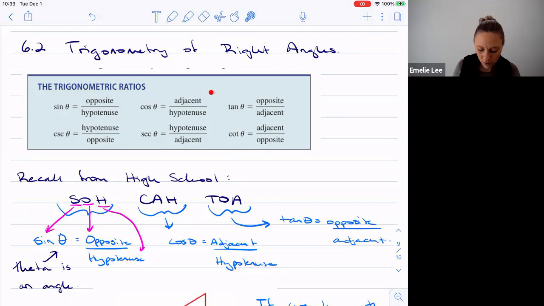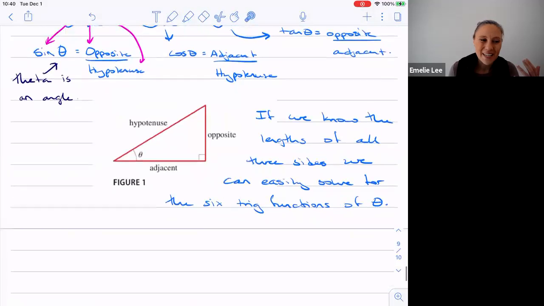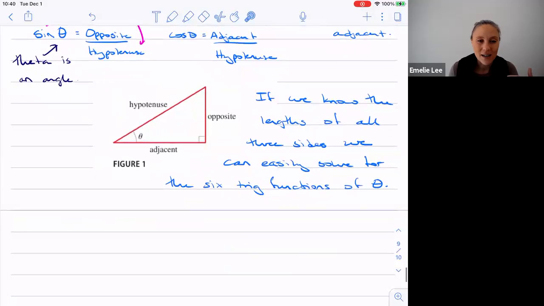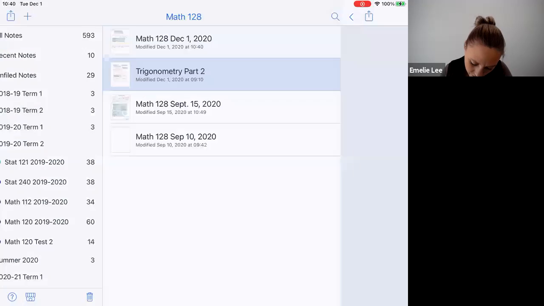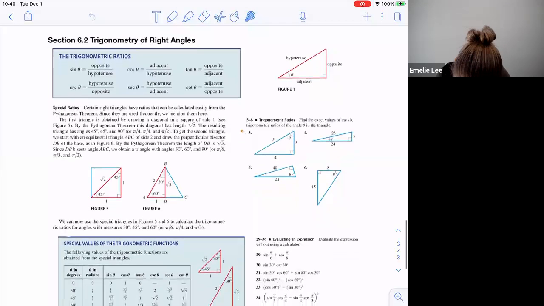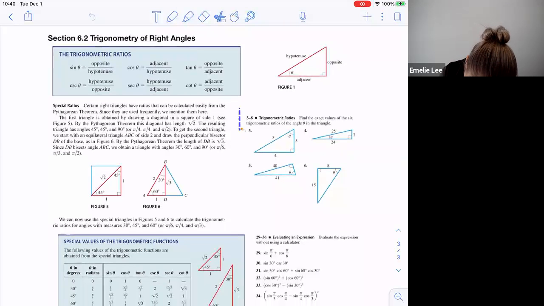Of course, you're going to want to have this handy. But then if you have all three sides, then you can just rearrange them.